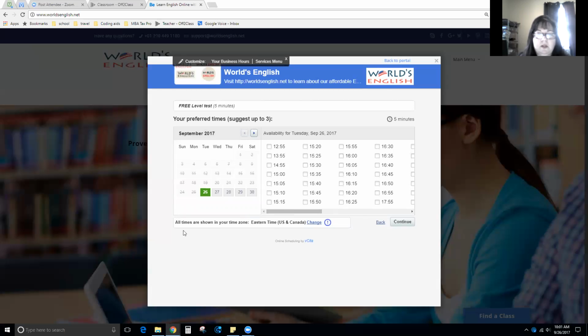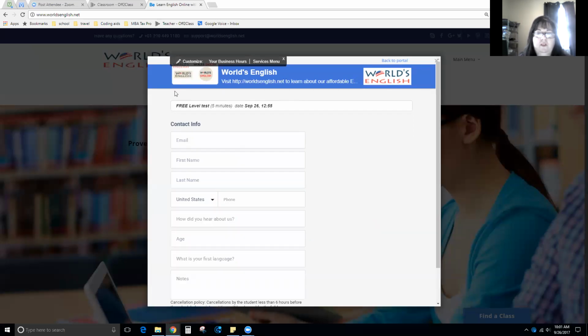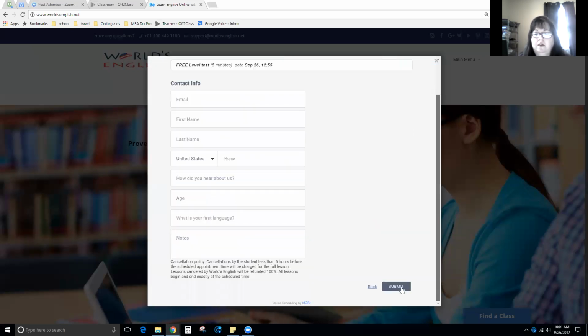This is just to put it on the calendar so you can request it. So it doesn't matter what date or time you choose. As soon as we receive your request, we will enroll you and send you the link. So just choose a date and time, click Continue. Fill in your information and click Submit. And that's all there is to it.